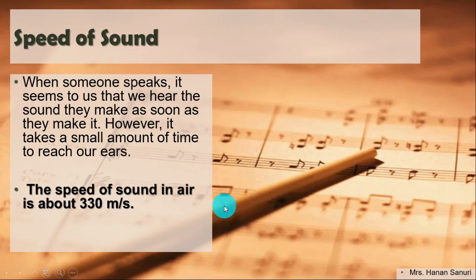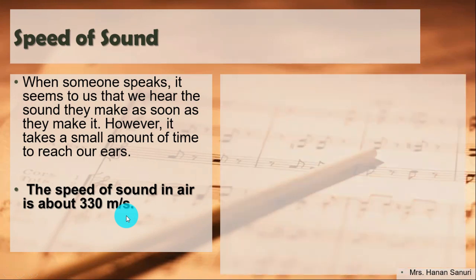Because the speed of sound in air is about 330 meters per second. Girls, do you remember the speed of light in air or vacuum? 3 times 10 to the power of 8 meters per second. It means 300 million meters per second. Look at the difference between the speed of sound in air and the speed of light in air.